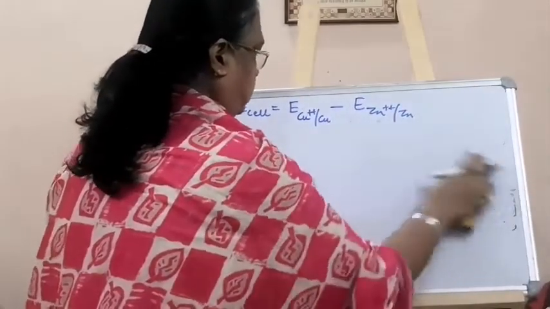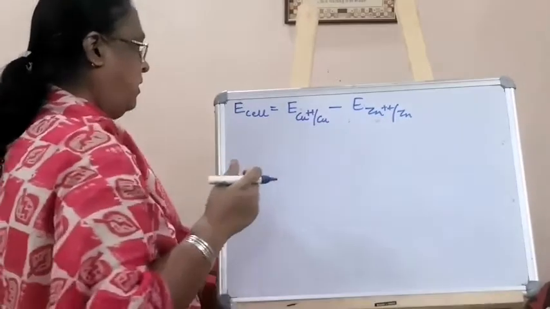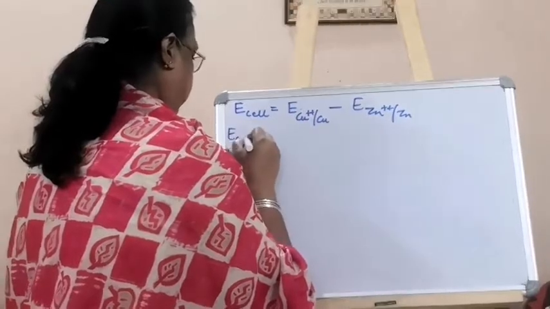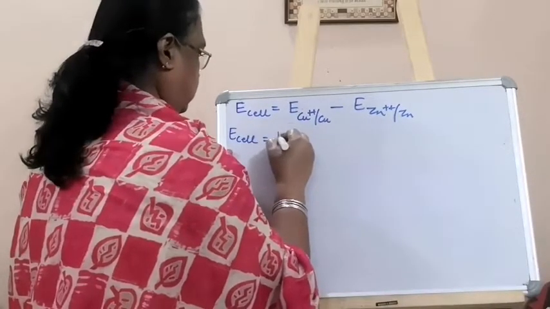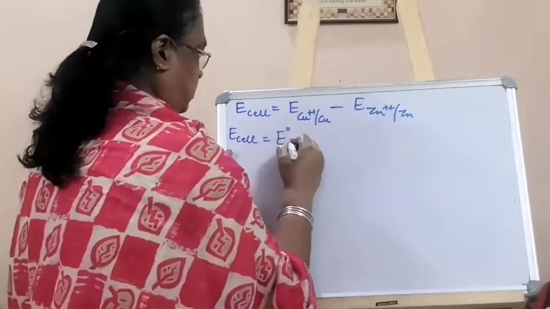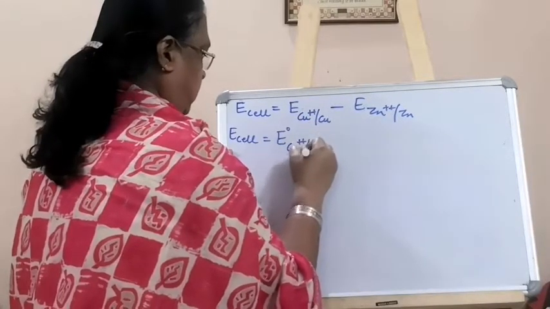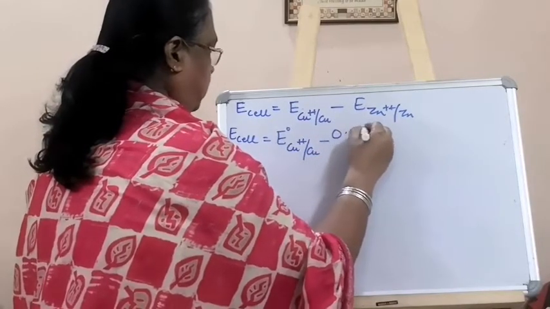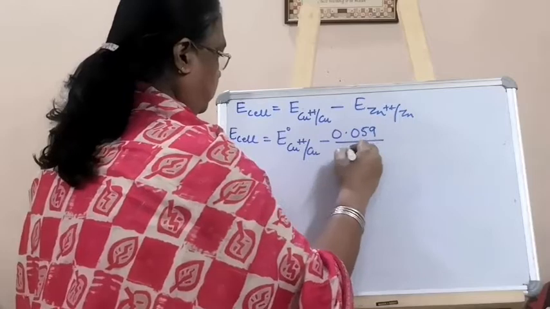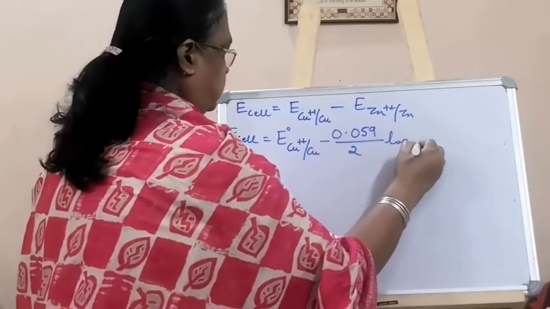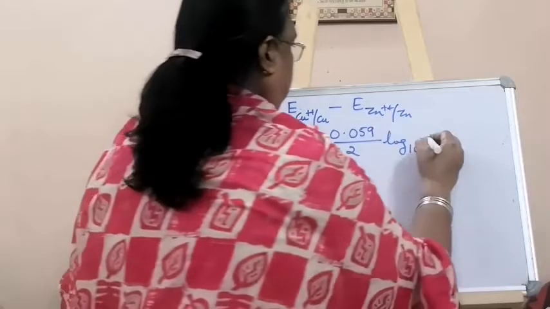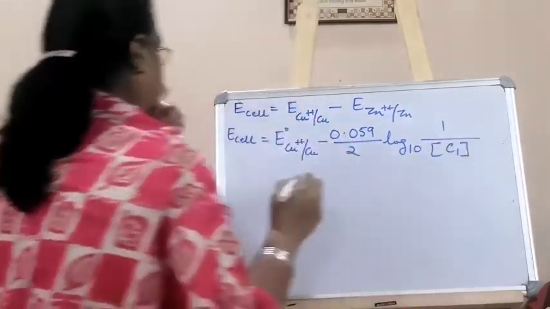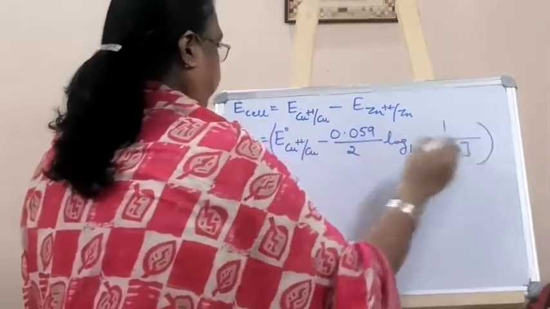So here E cell is equal to E0 copper ion over copper minus 0.059 upon 2 log base 10 of 1 upon C2.